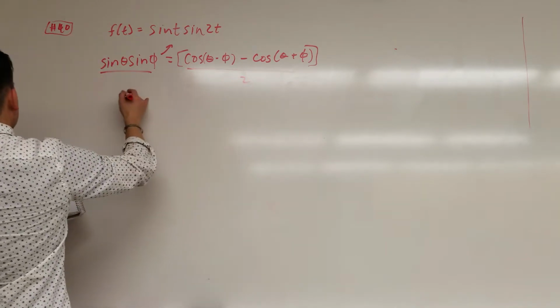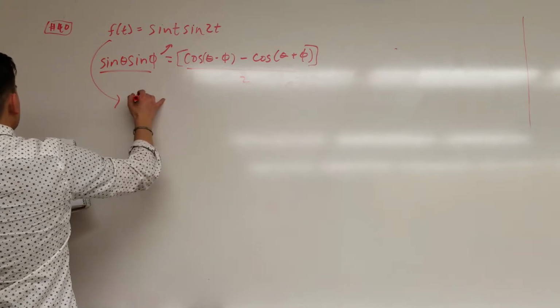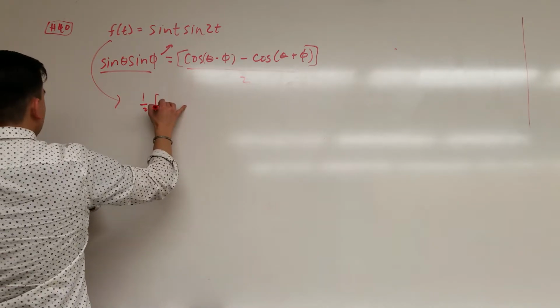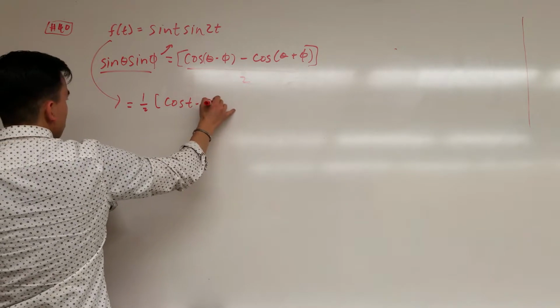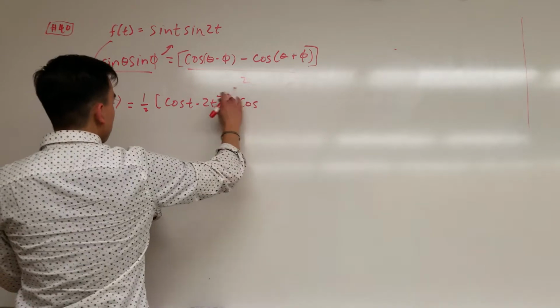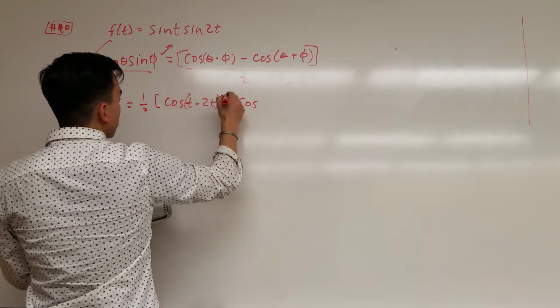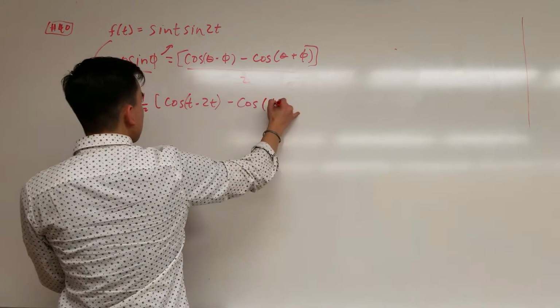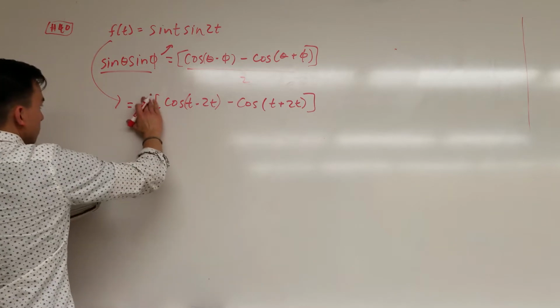Okay, so now we have 1/2 cosine of t minus 2t, minus cosine of t plus 2t, and that's times 1/2.